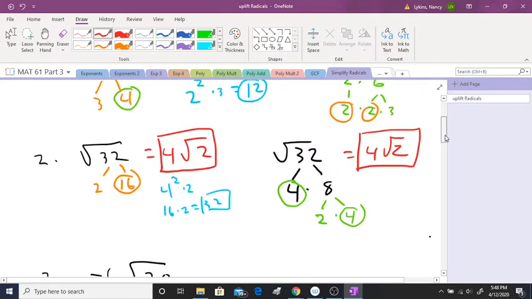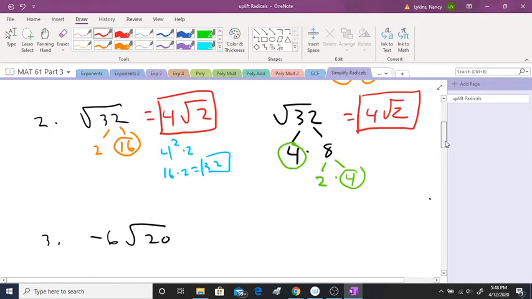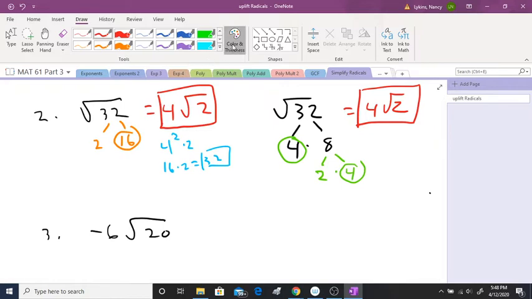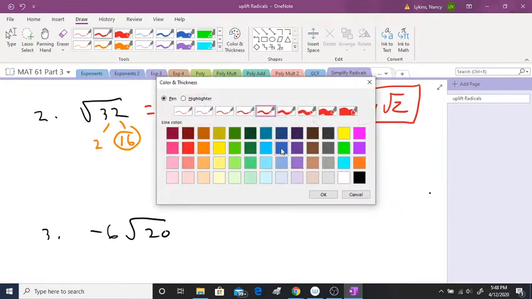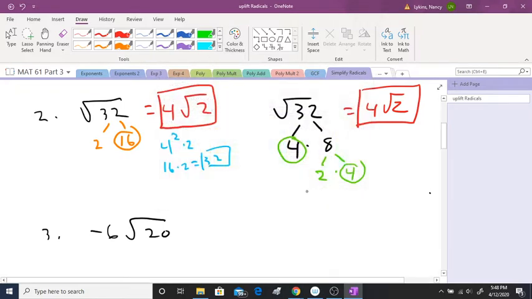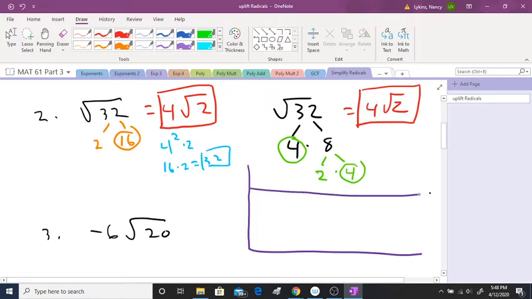I'm going to show you one other little way before I get to my number 3. And I apologize. I'm trying to show us a lot of different ways how to do these. So I want to kind of separate this. So if I have this 32, now maybe I do 4 and 8 again. And say if I break it down to 2 times 2, my 8 is 2 times 2 times 2.